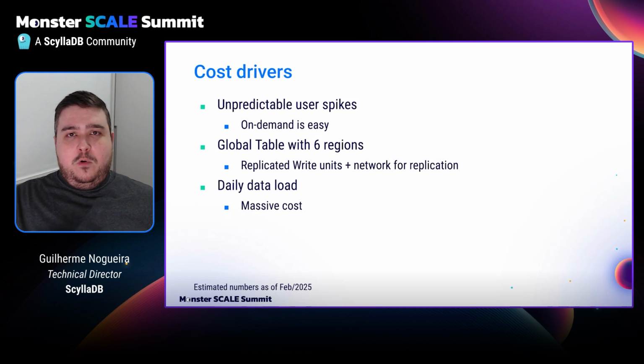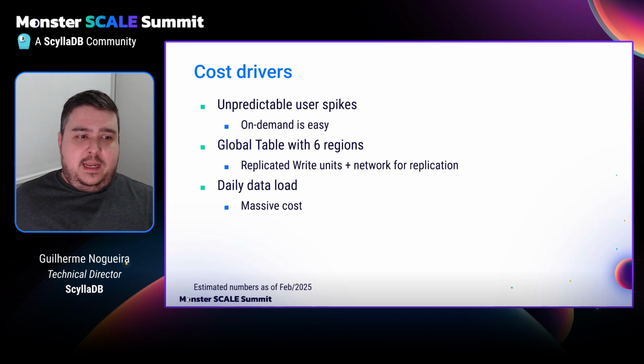So you pay multiple times for every write operation that is being incurred on the database. The fact that they're loading data daily is also an additional massive cost, because for every item that they change, the recommendation, they need to rewrite the whole item, and that generates another data load that would generate massive cost.